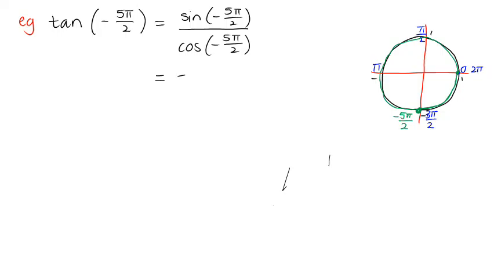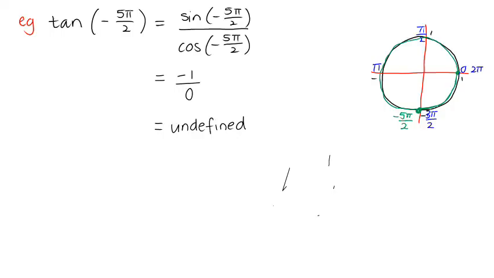What's the cosine, the x value at this point? So what is tan negative 5 pi on 2? Well, the denominator is 0. If you've got the denominator as a 0, can you divide by 0? No, so it's undefined.